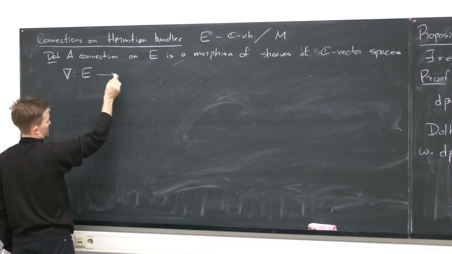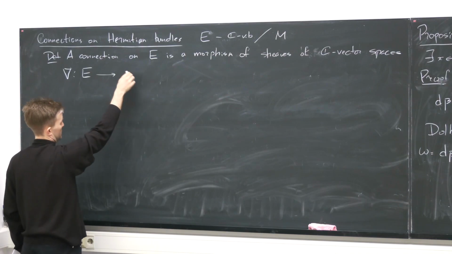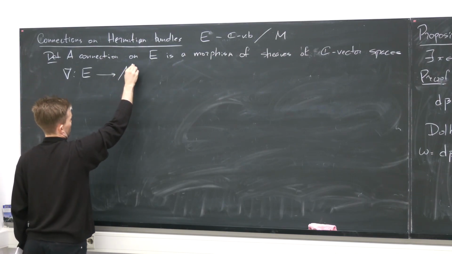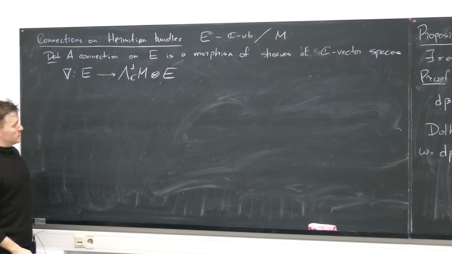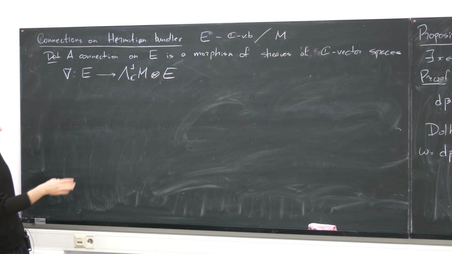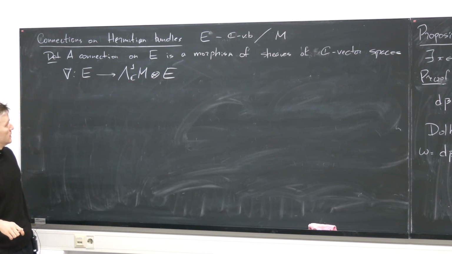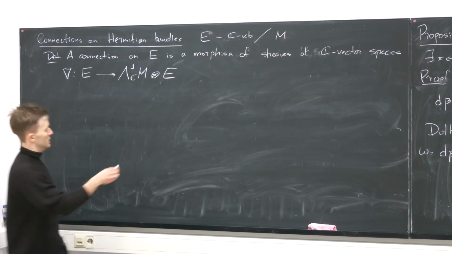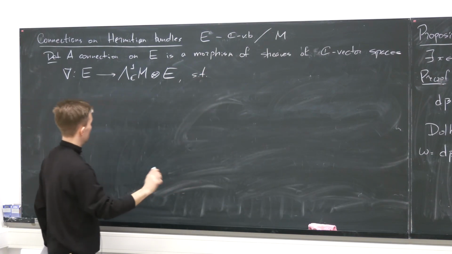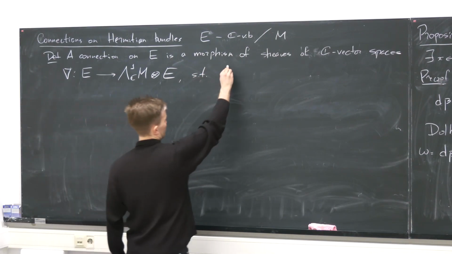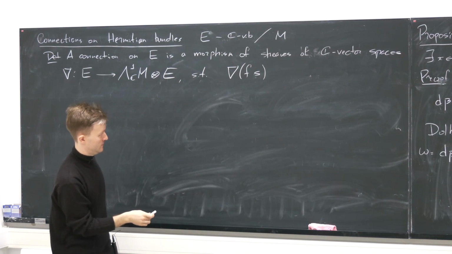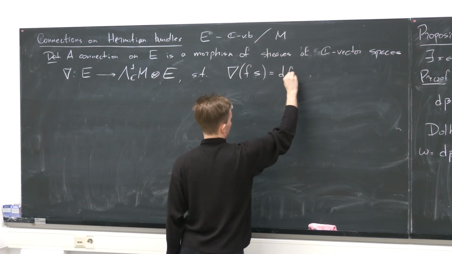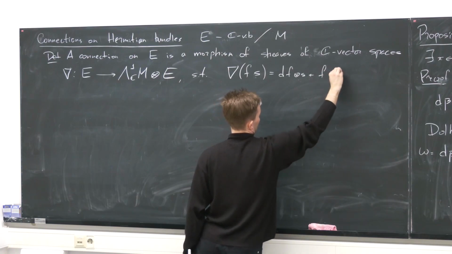I view E as a sheaf of C vector spaces, and then the morphism goes to lambda 1 of M tensor E. Today I want to always consider these complex valued connections, so my one forms are also complex valued, and it satisfies the Leibniz rule: nabla of f times s, where s is a section and f is a function, is df tensor s plus f nabla s.